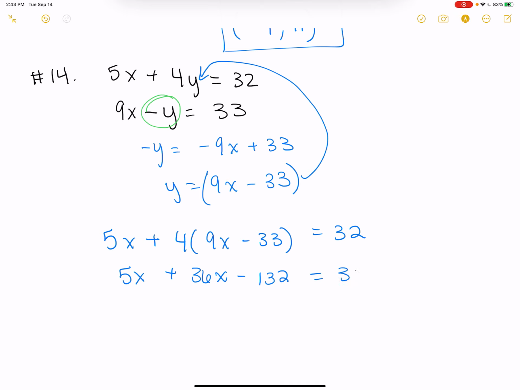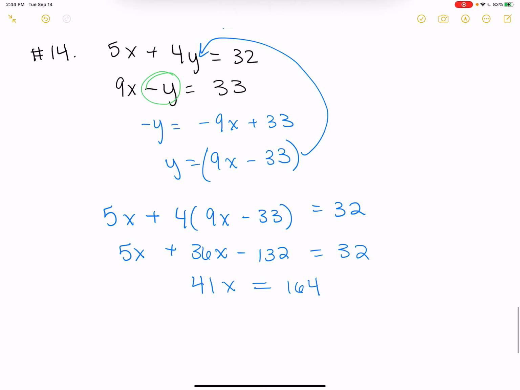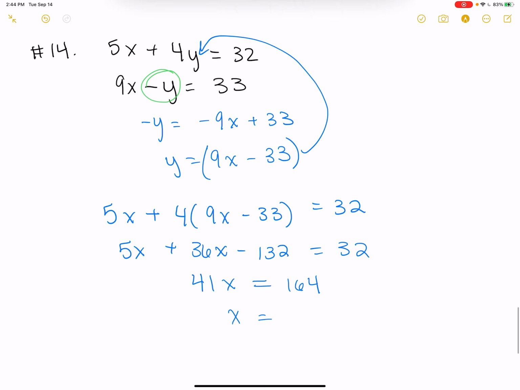Is equal to 32. And then you add the x's. So that's 41x is equal to 164. And then you divide by 41. So x is equal to 164 divided by 41, which is 4.